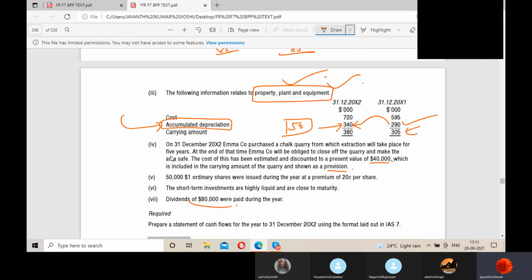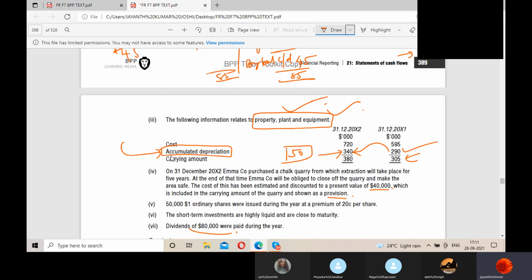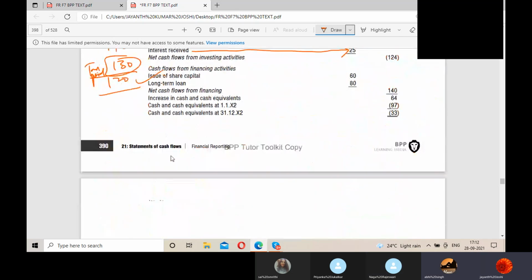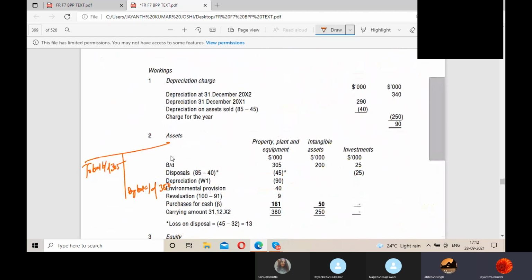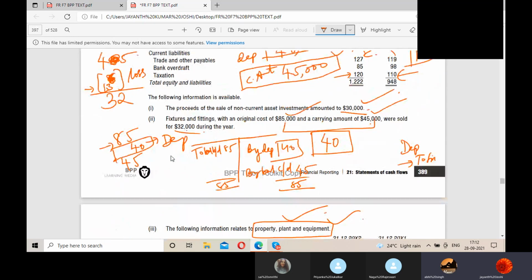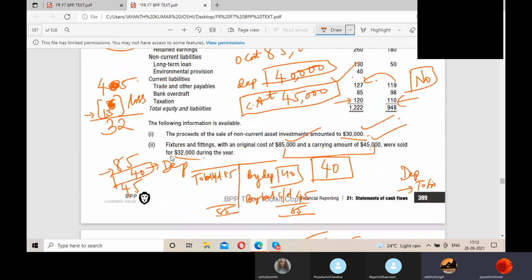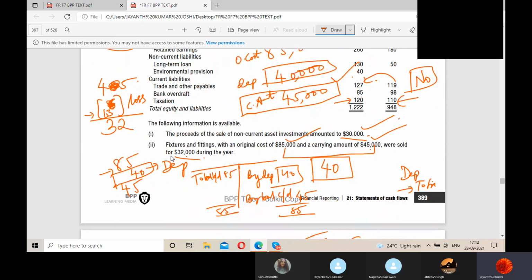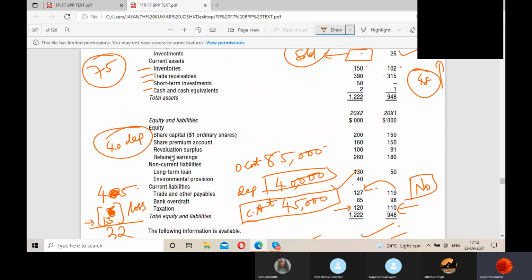And what has happened is, in fixtures and fittings also we'll adjust in property, plant and equipment. See, fixtures and fittings had an original cost of, just a second, the following information relates to property, plant and equipment.